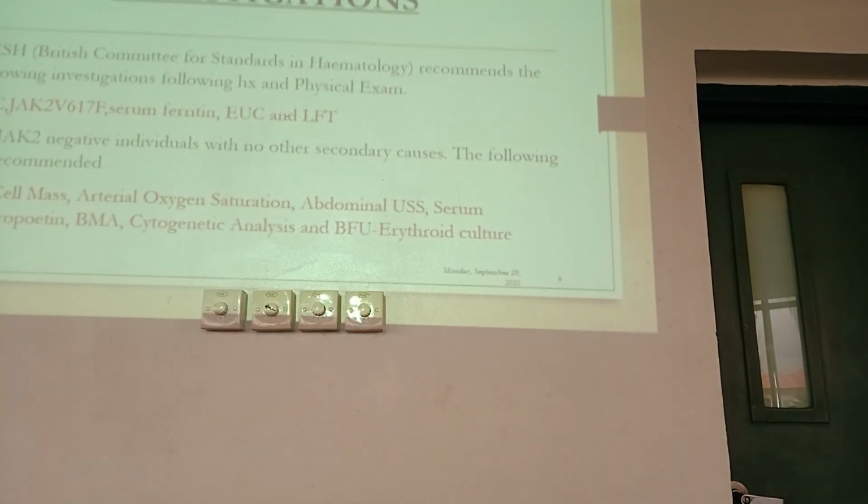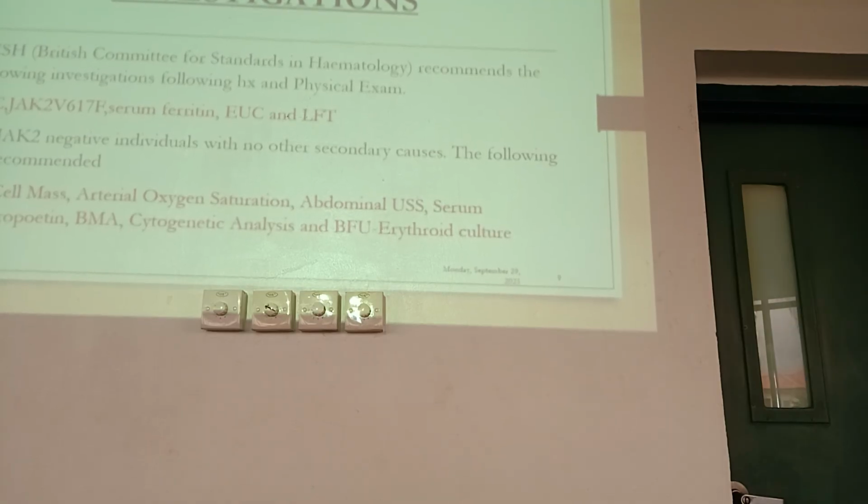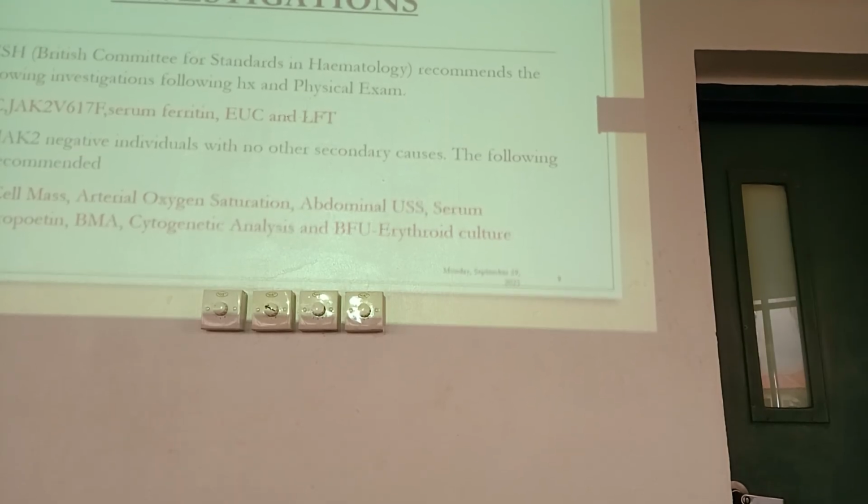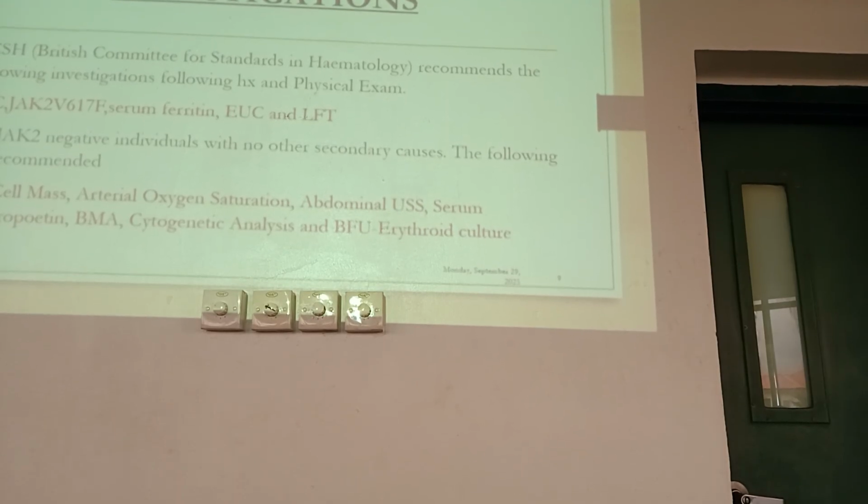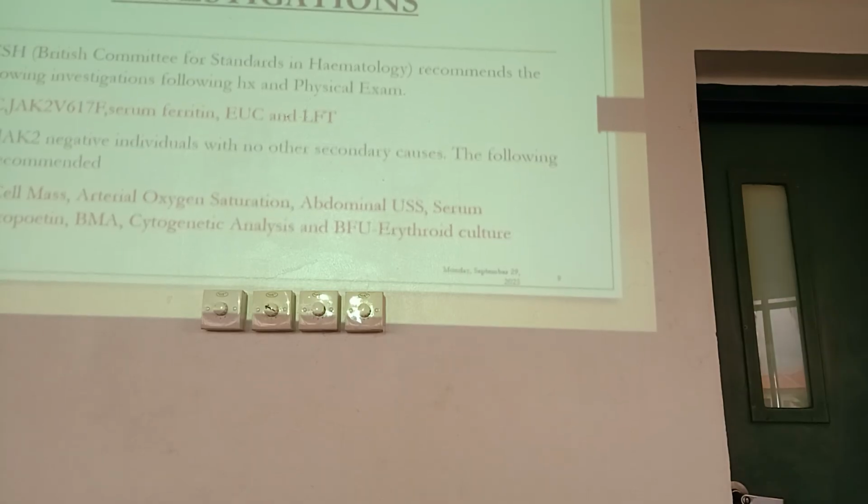Before this JAK2 was discovered, they were using the polycythemia vera study group classification, which I didn't include in this slide. There are three types of classification. You have the polycythemia vera study group, the British Committee for Standard Hematology, which is what I have here, and the WHO classification.